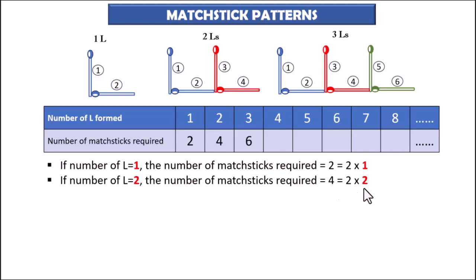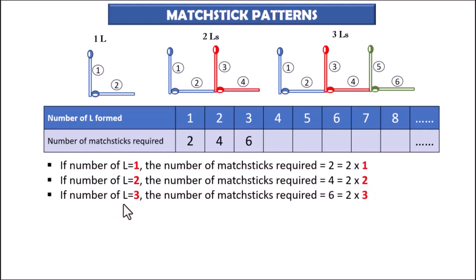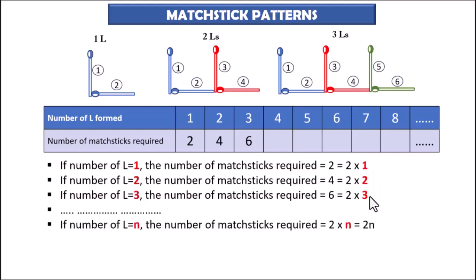Here you can see for 1L 2 matchsticks are required, so for 2L 2 into 2 matchsticks will be required. Similarly, in case of L equal to 3, the number of matchsticks required is equal to 6, that is 2 into 3. In this way we can go on. Now you see when L is 1, 2, 3, here also 2 has to be multiplied by 1, 2 and 3 respectively.